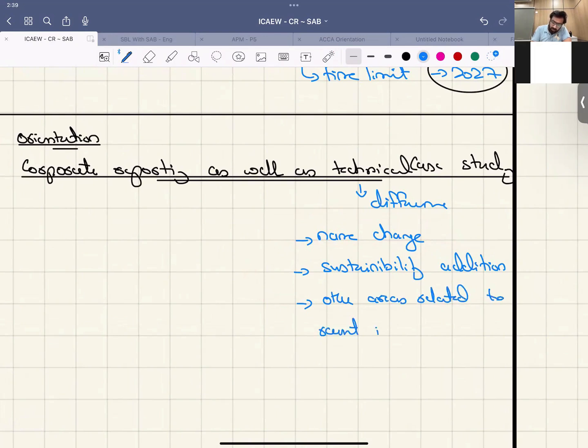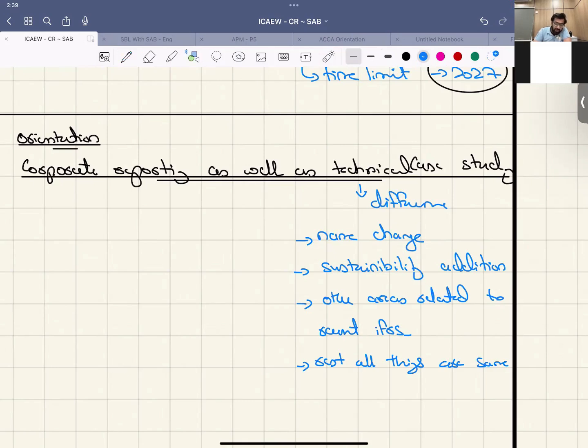But since the syllabus has not been published as of now, don't worry. In corporate reporting, I'll be writing this as well, that the rest, all things are the same, right? So this is a minor area, right?